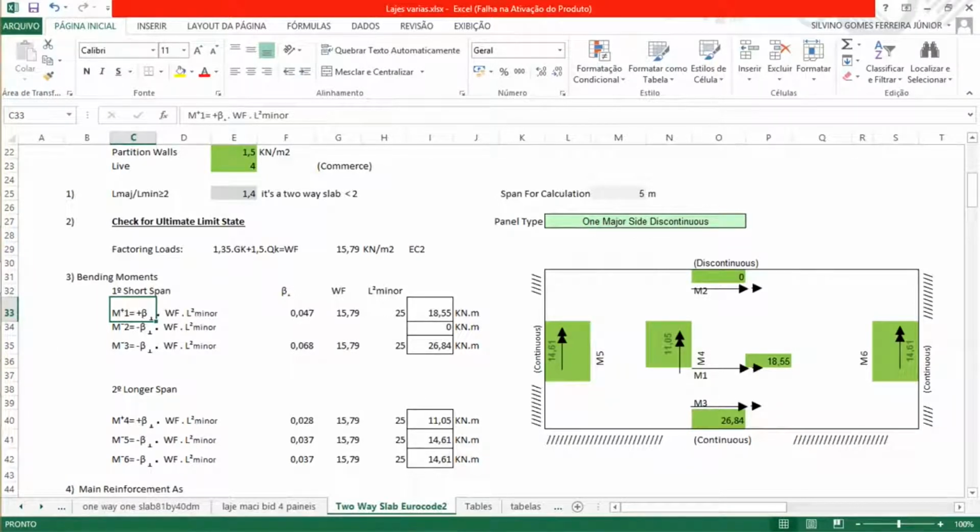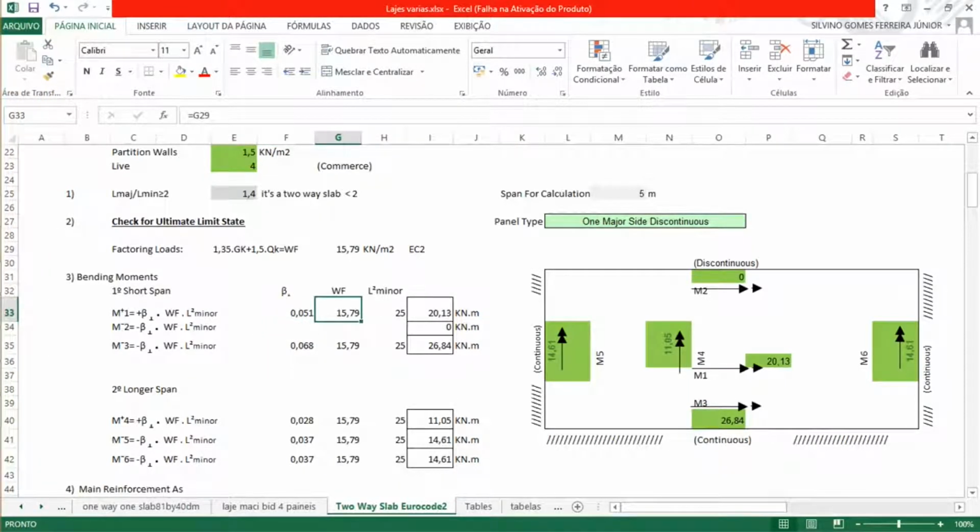So the equation will always be beta multiplied by the factored load multiplied by L, the minor span, elevated to 2. It will always be this for the moment: the minor span, on the shortest side and on the longer span. So here we have 0.051 from the table for beta.